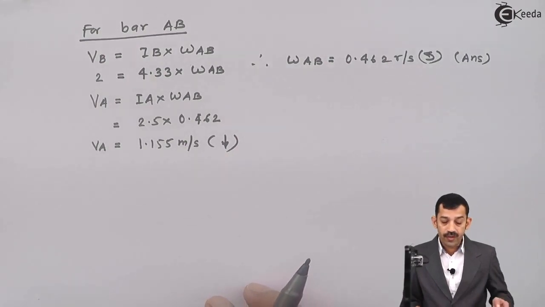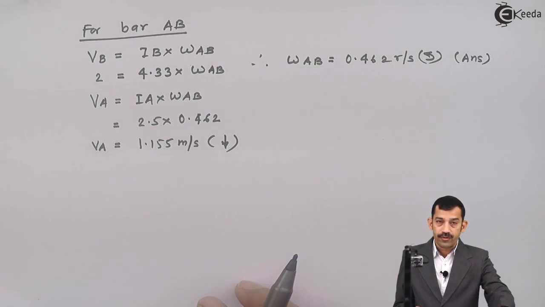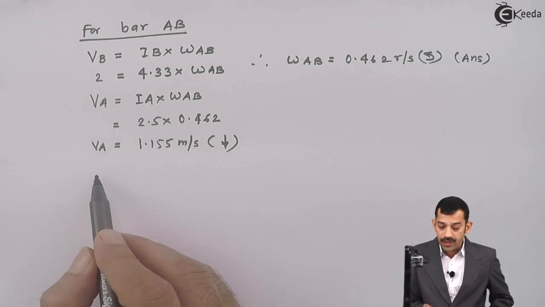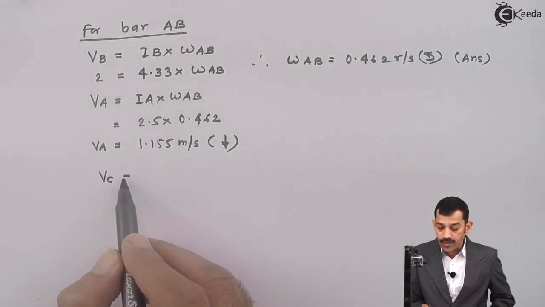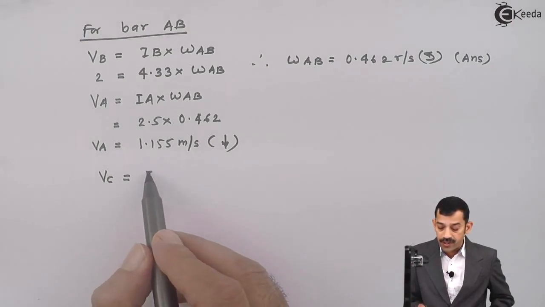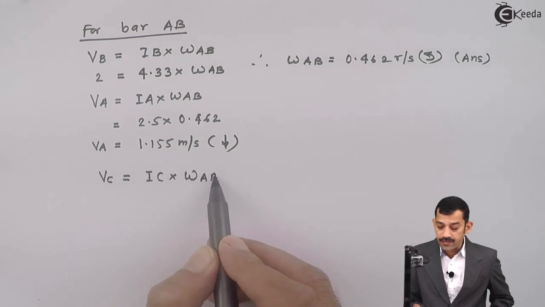Similarly, if you find VC, VC is equal to IC into omega AB, where VC means linear velocity of point C. The distance of point C from center of rotation means IC into omega AB.